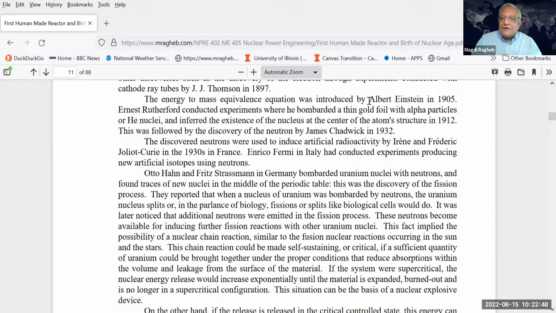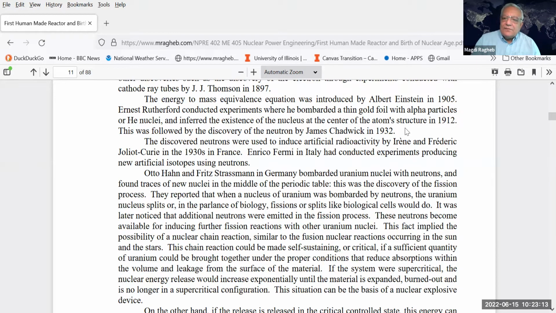The ideas came up very quickly that with the equivalence of mass and energy, you can transform mass into energy if you can fission the nuclei of the elements. In that case, the element that is very easily fissionable is uranium-235.